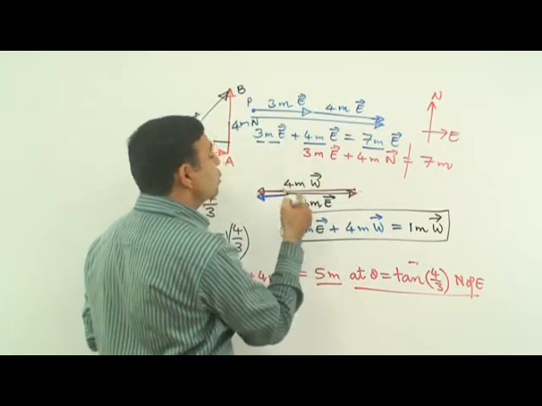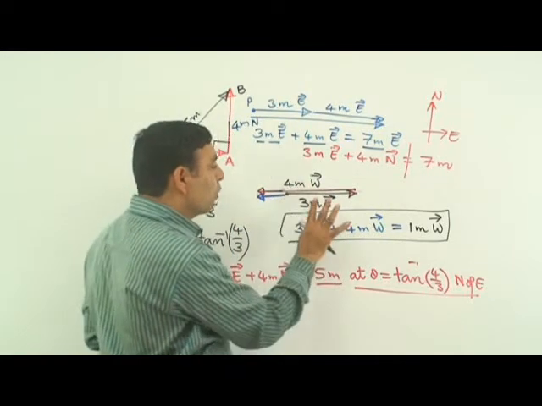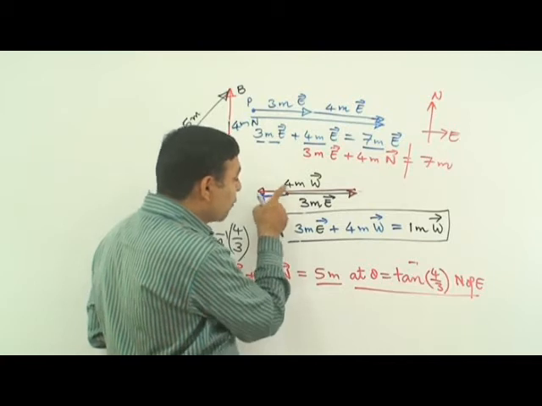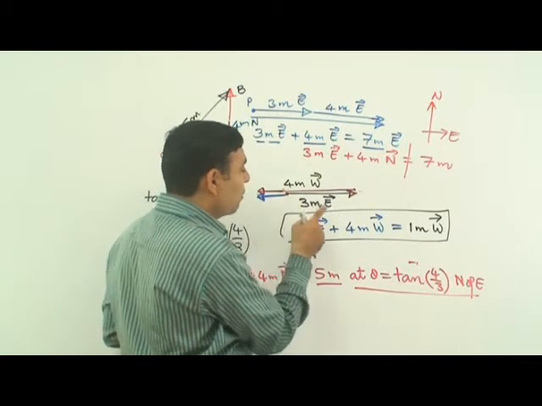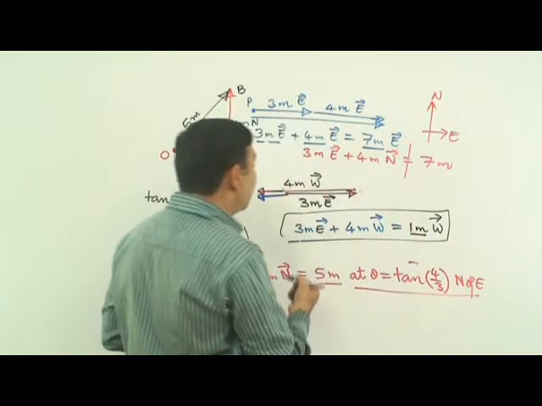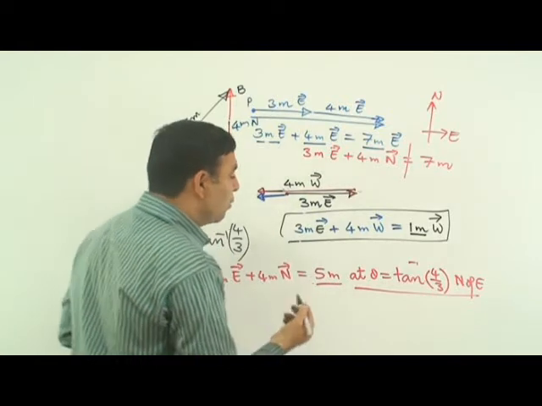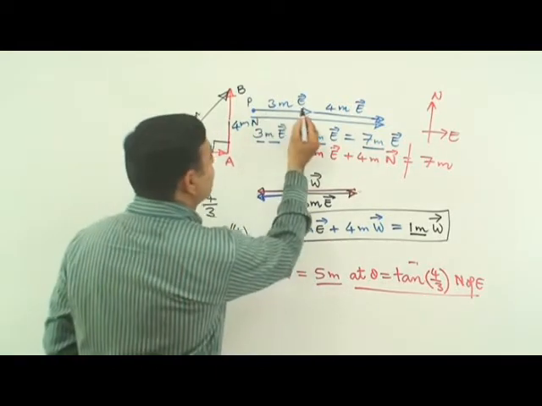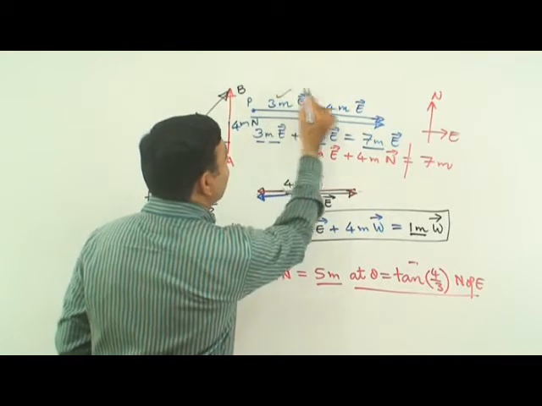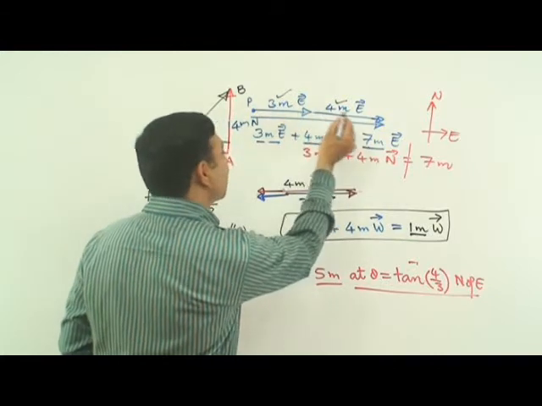So when two vectors of opposite direction are added to each other, the magnitude of result will be the difference of the two vectors, which is in this case 4 minus 3 meters is 1 meter, and direction will be the same as that of the larger vector. Fine. And of course, when two vectors in the same direction are added up, the magnitude of resultant will be same as the sum of their magnitudes, that is 3 plus 4 is 7, and direction obviously same as that of any one of the vectors.